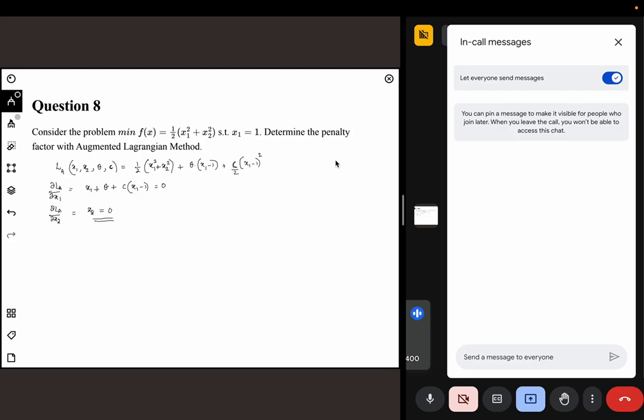This is something we got previously. What is the value of x1 from here? x1 is c minus theta by c plus 1, right?